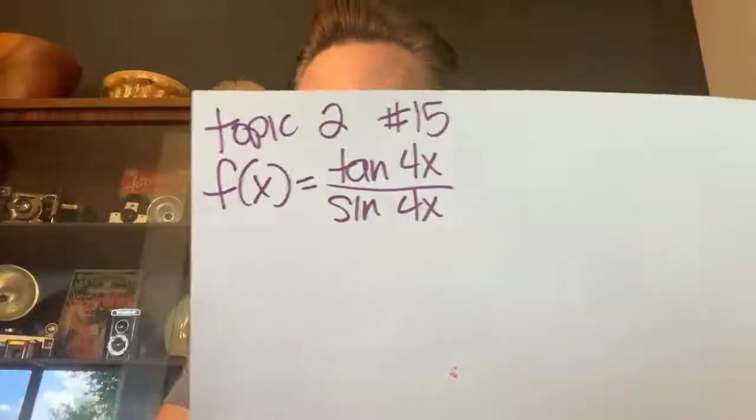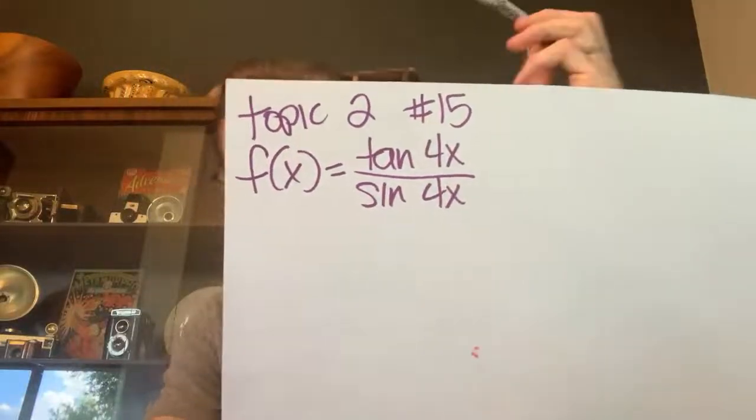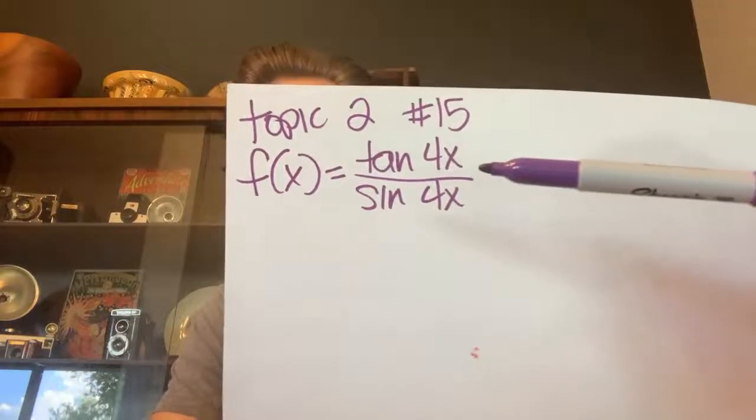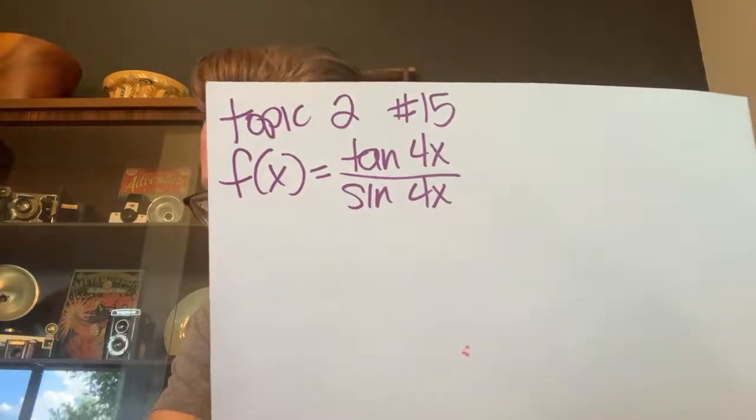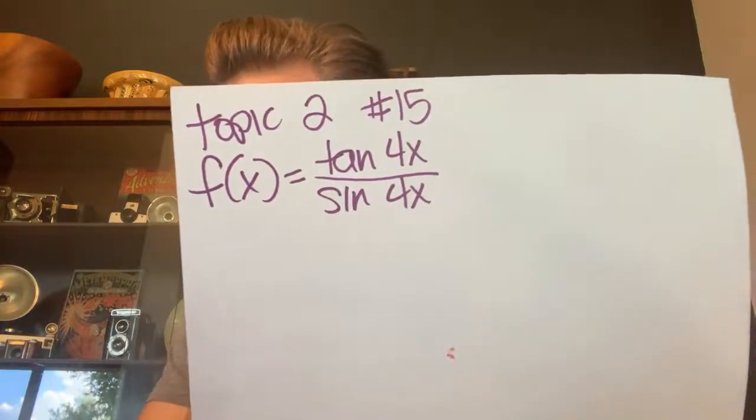And when it comes back, you think, oh, I should have asked more questions about that. So we have this function. And when I first look at this, I'm kind of glad this is 4x and 4x. Otherwise, I have no idea what to do. I might just have to plug in some numbers.